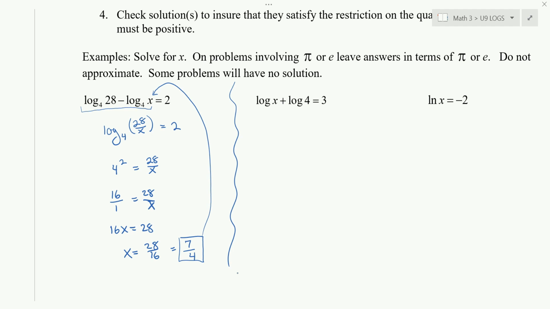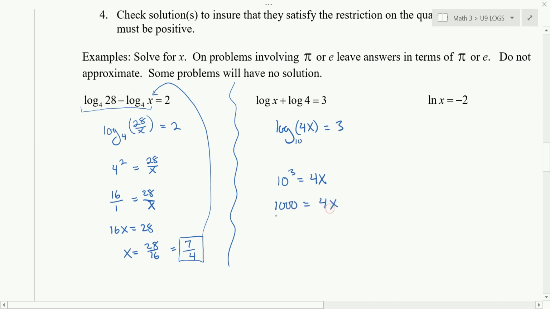First step is to add the logs. So you write log of 4x equals 3. And then what do you do next for that? Okay, the base is 10. If they don't write the base, it's 10. So it's 10 to the third power is equal to 4 times x. That's changing it out of log form, putting it into exponential form. 10 to the third power is 1,000.